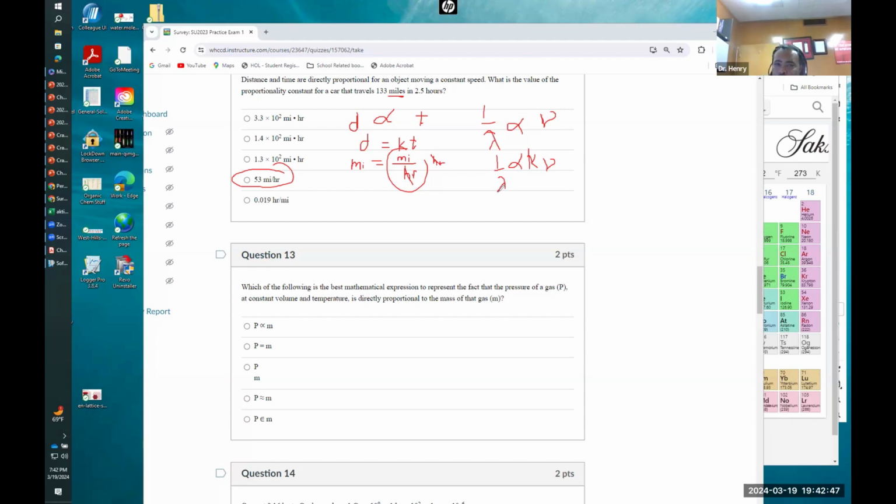Okay. So does that make sense? Yeah. And I'm sorry, that should be equal. So this should be equal because we're saying our K is going to be okay.